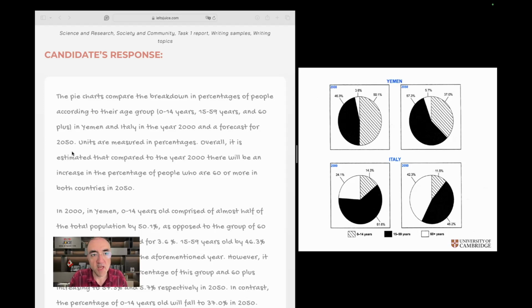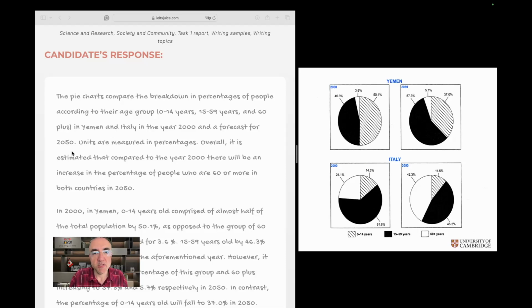Okay, in Yemen and Italy in the year 2000 and a forecast for 2050. Sounds fair. That gives me a very good framework of what the information is. I would have added the exact number of 4, like the 4 pie charts compare the breakdown. That would have added more accuracy.